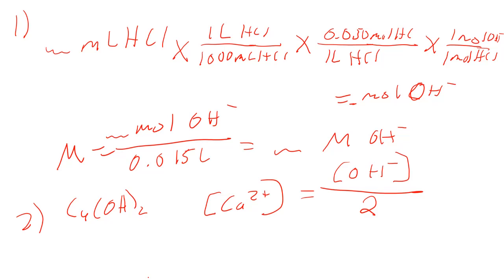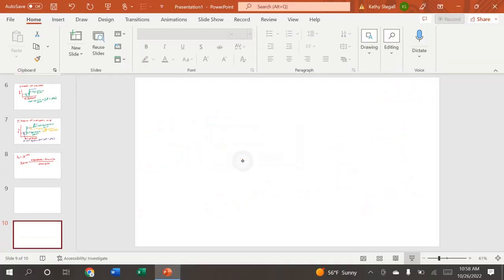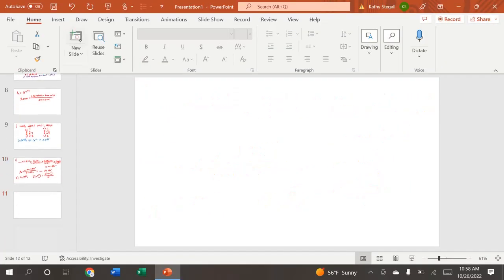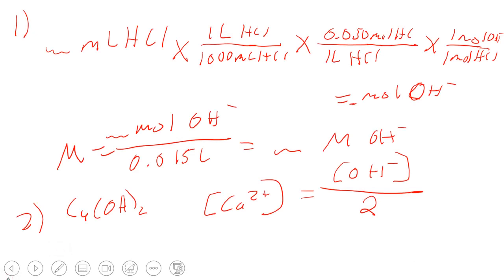So finally, in number 3, and actually that's not finally because we still have a couple more steps, and I need to add a couple more slides here. So now that we have our calcium concentration and our hydroxide concentration, in step 3, we can calculate Ksp.